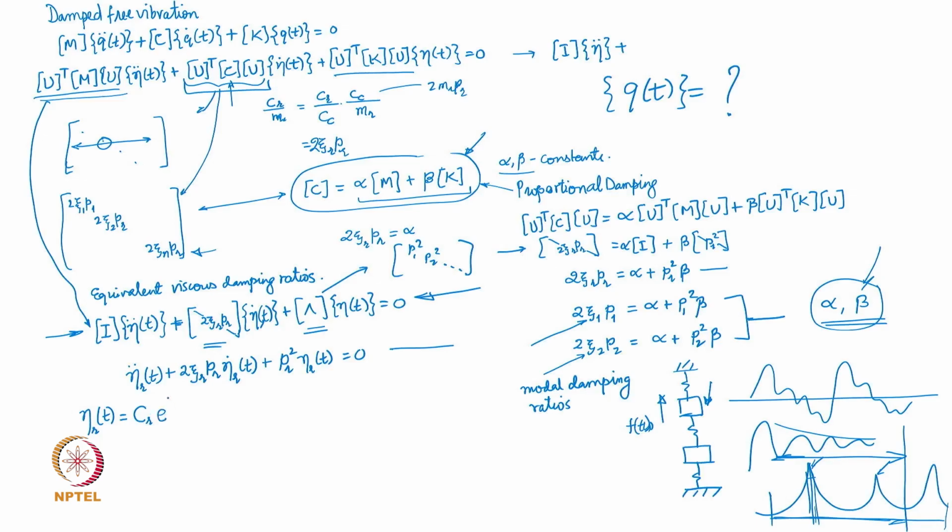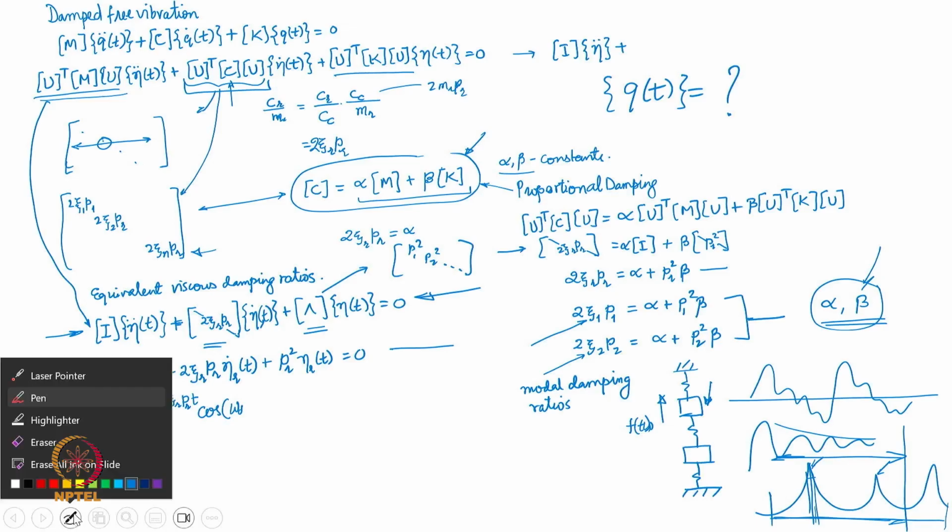It has to decay over a period of time. This is the exponential decay term which keeps reducing the amplitude every cycle, and of course it has to have a harmonic response. So how do you write that?